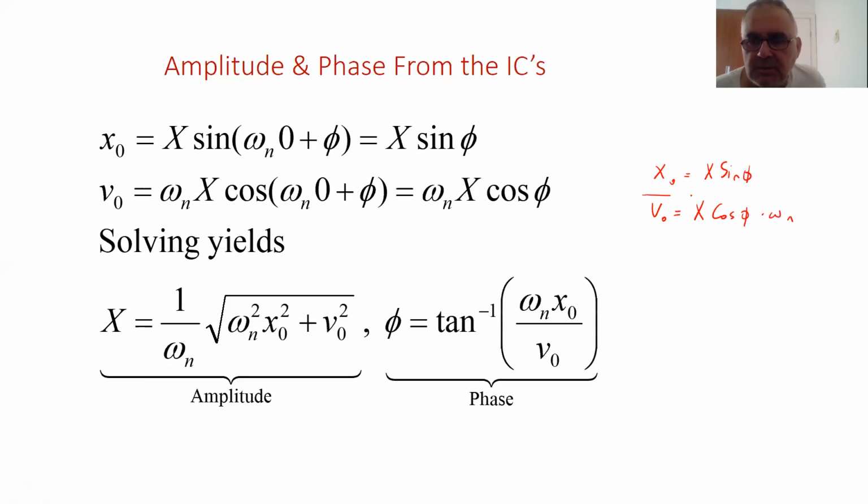We divide these into each other, and the X terms cancel, as you see. Sine phi over cosine phi is tangent phi, equals, therefore, omega n x0 over v0. So phi is simply the inverse tangent of this term.